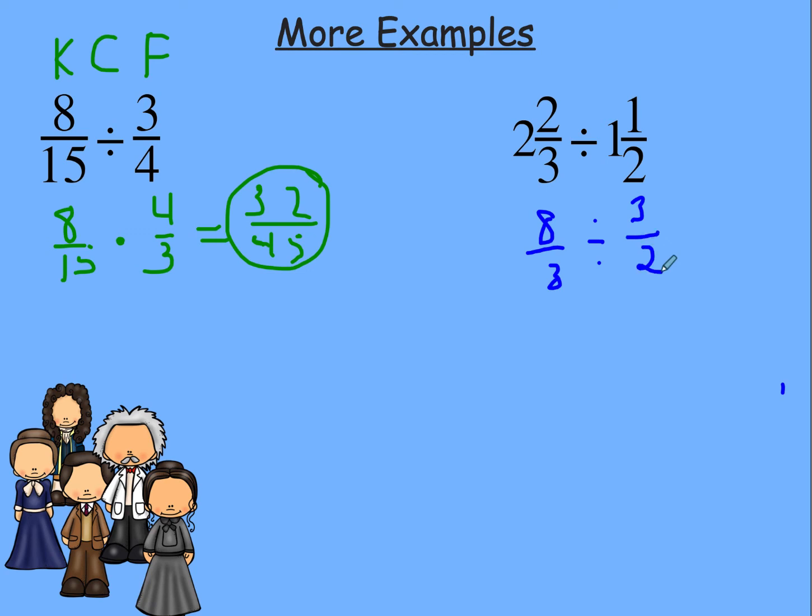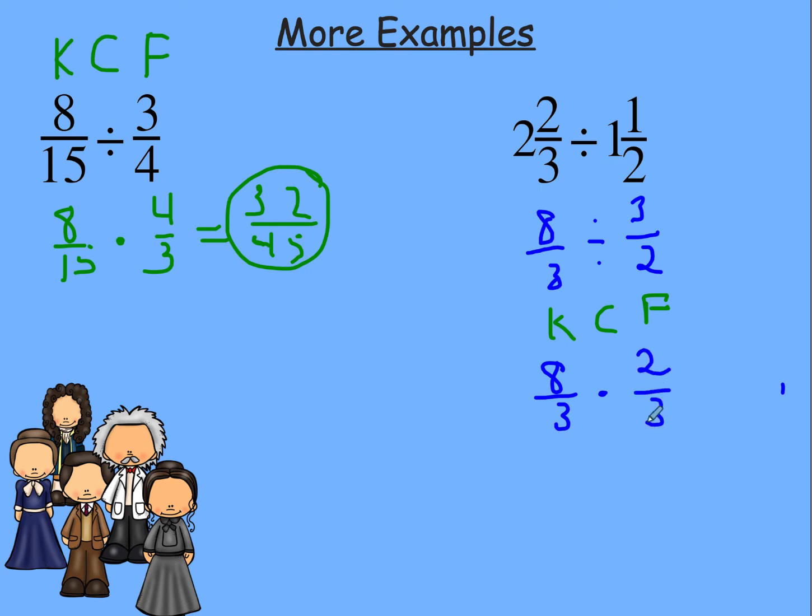Okay, so now we have 8/3 divided by 3/2. Now we can do keep, change, flip. Keep 8/3 the same, change division to multiplication, and flip 3 over 2 to its reciprocal. So 8/3 times 2 over 3.